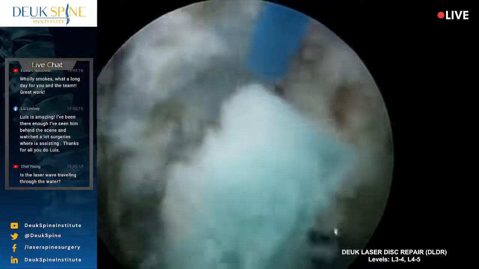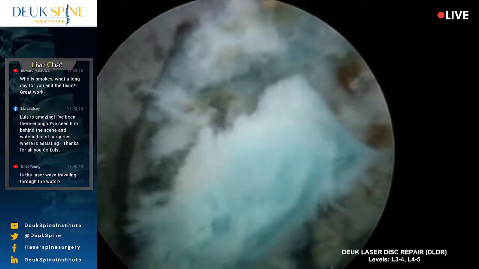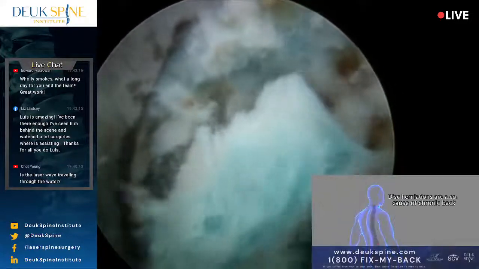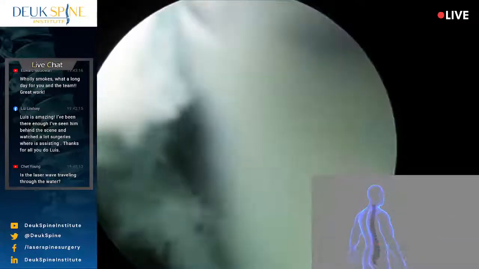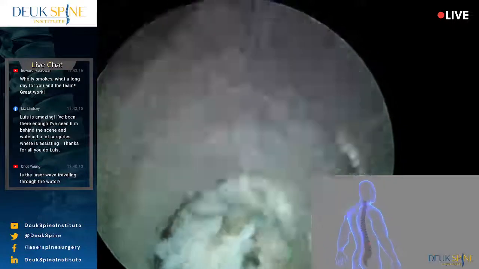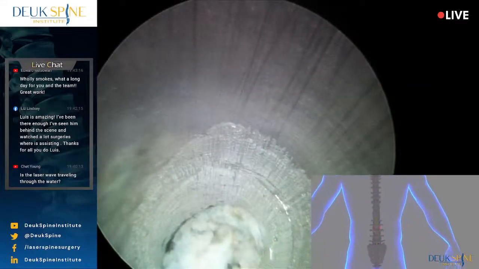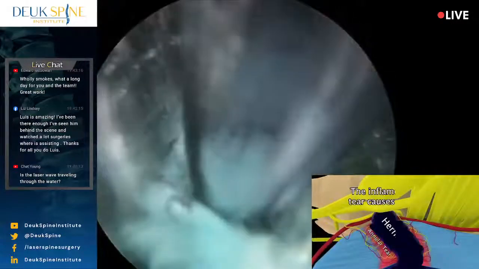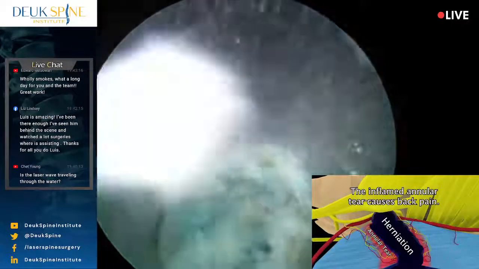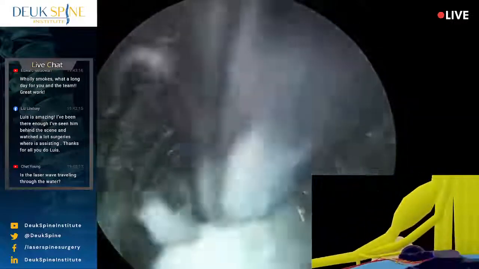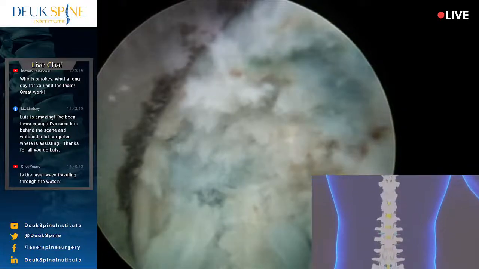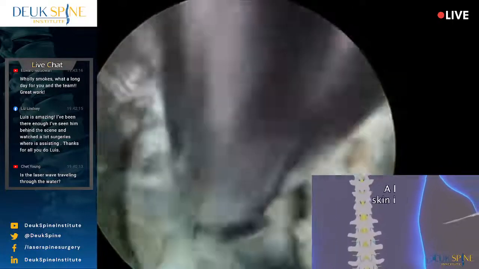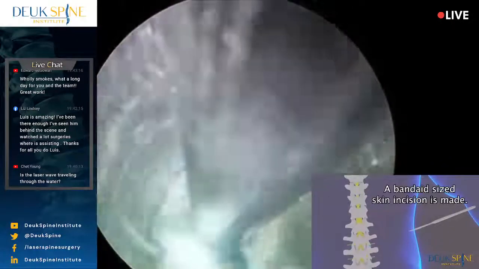Oh yeah. Another piece of herniation right there. Of chronic back pain. The inflamed annular tear causes back pain. Inflammation of the nerve roots causes leg pain. A Band-Aid-sized skin incision is made.